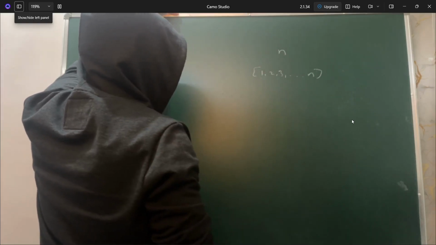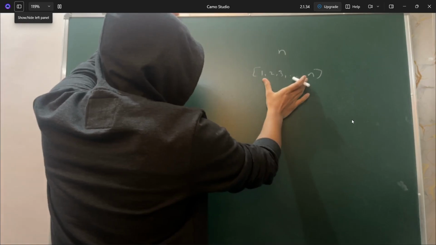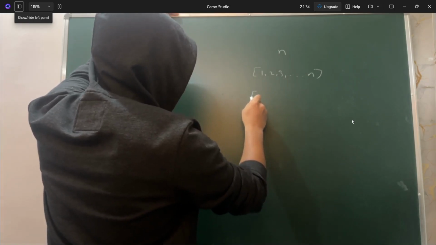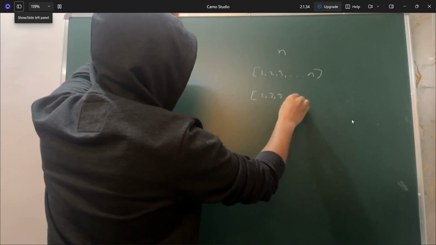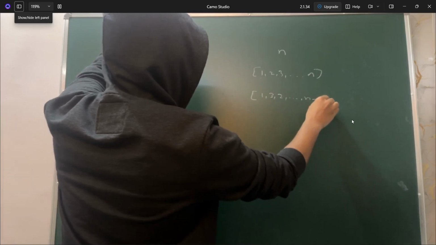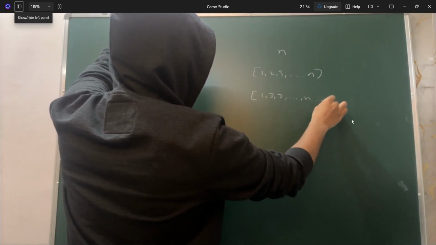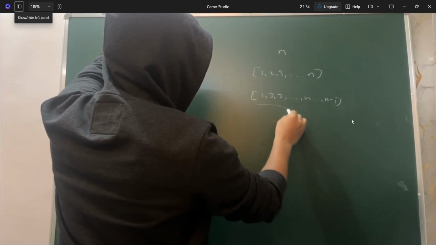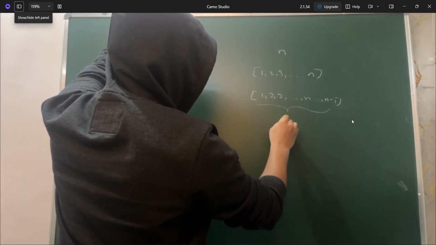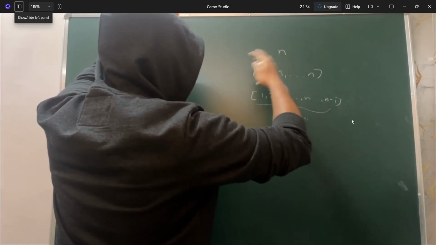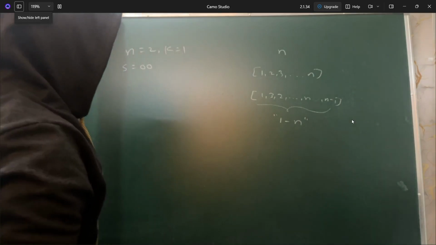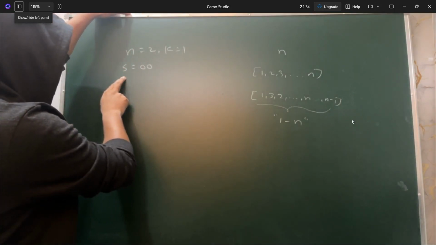This is your array, and if you arrange it in some other way, let's say 1 3 2 and so on up to n, basically the elements are from 1 to n only. So if you arrange in any permutation, that array you will have to return.